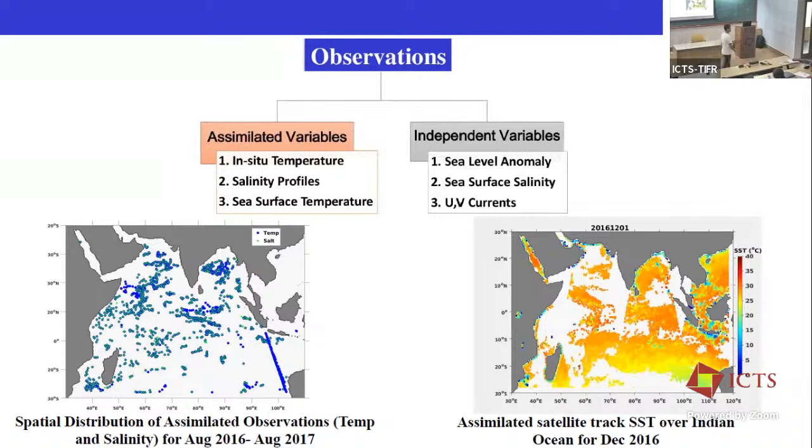So these are the in situ observations that we assimilate. Then there is another observation from satellite. The satellite measures the sea surface temperature and relays it to us, so we assimilate SST over the Indian Ocean as well. So there are 3 variables that we assimilate: temperature, salinity, and SST.